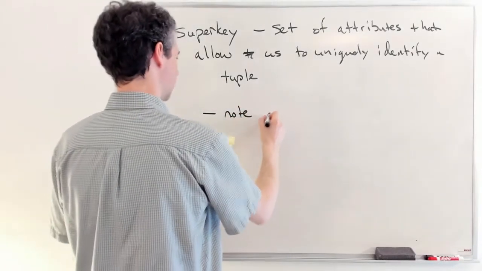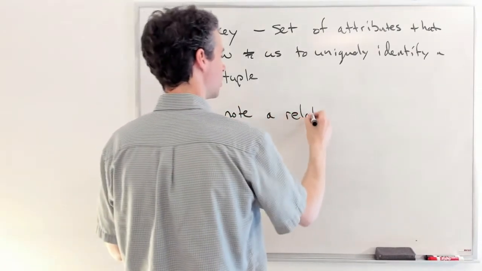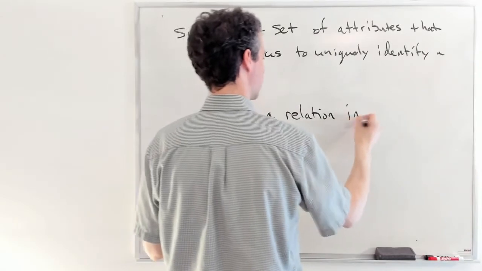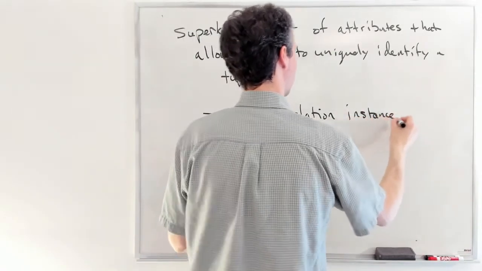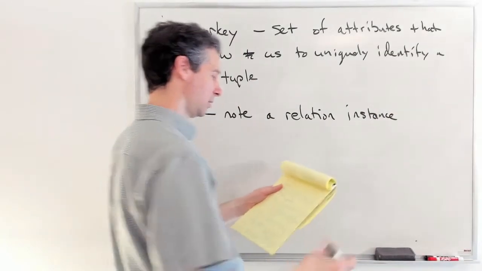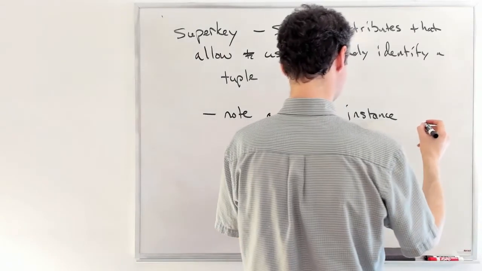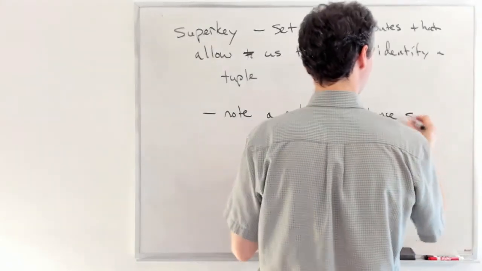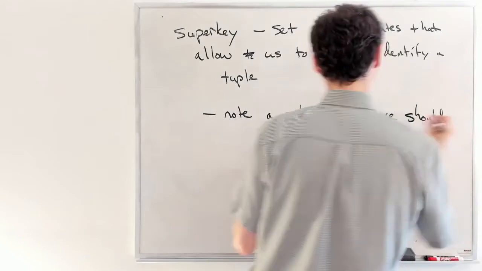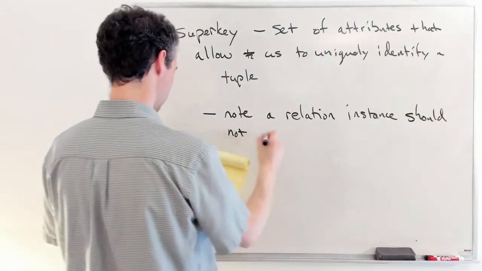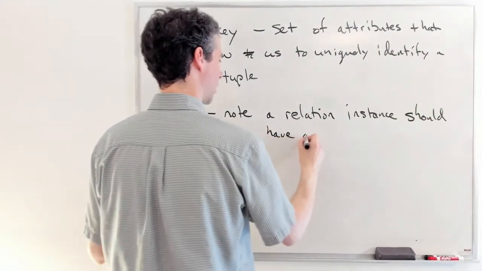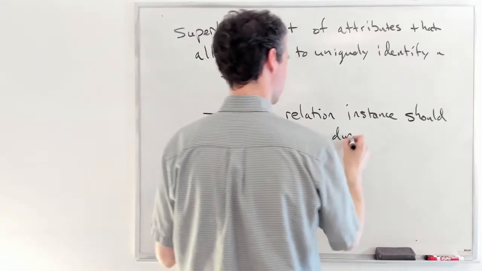Note a relation instance, which is basically, again, a table that's filled with data, should not have any duplicate tuples in it.